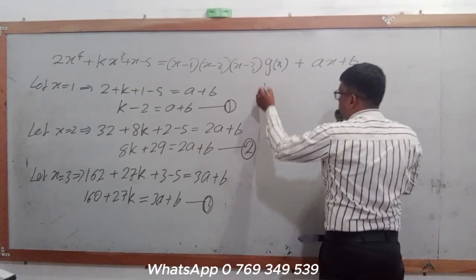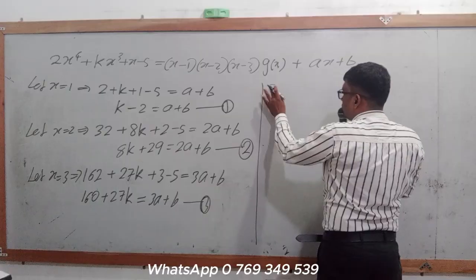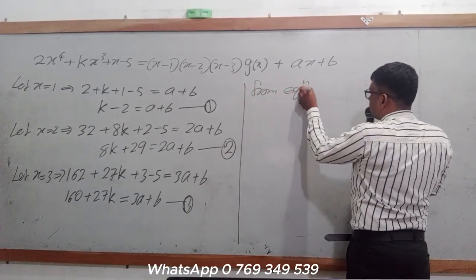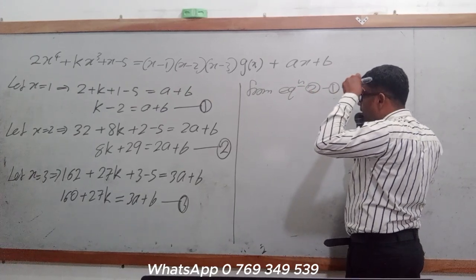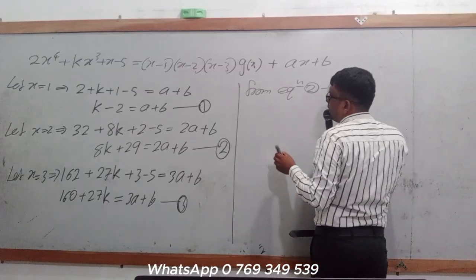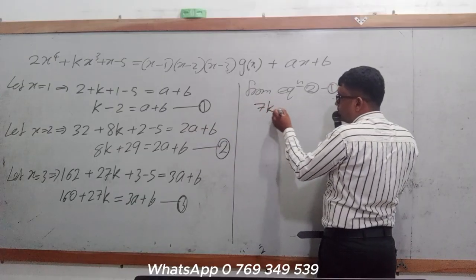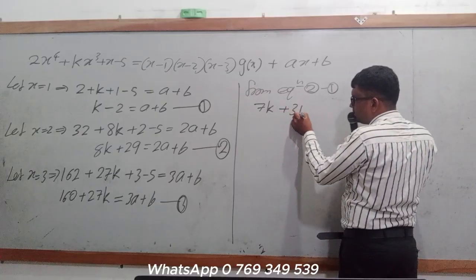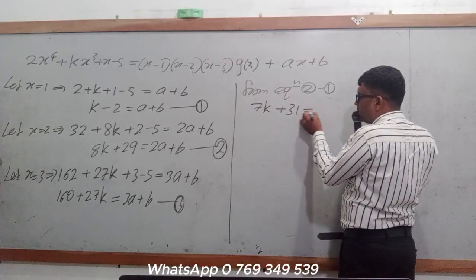First we try to remove the b. Equation 2 minus 1. What is that? 8k minus k, 7k, plus 31. 29 minus 2 is 31. 2a minus a, a.